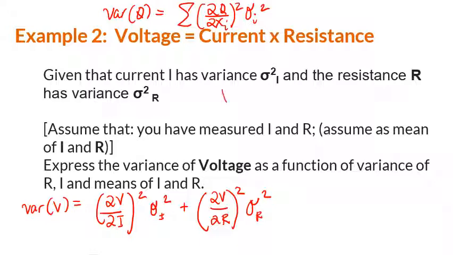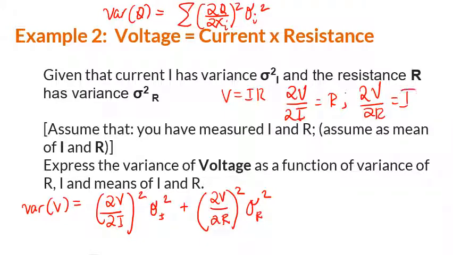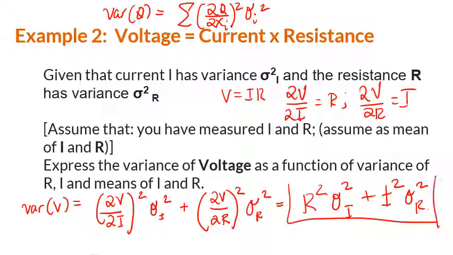Okay, so note V equals IR. So the partial of V with respect to I is equal to R, and the partial of V with respect to R is equal to I. So this is equivalent to R squared sigma squared sub I plus I squared sigma squared R. Okay, so this is the variance of our voltage. Our dimensions are consistent, because for sigma I, the unit of the spread is current squared.